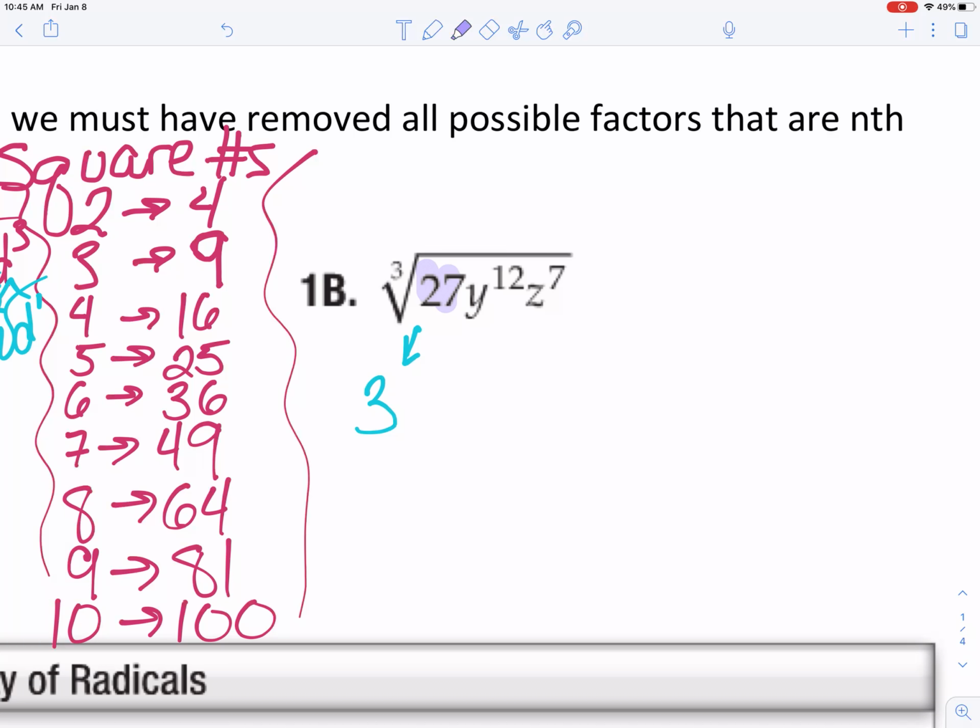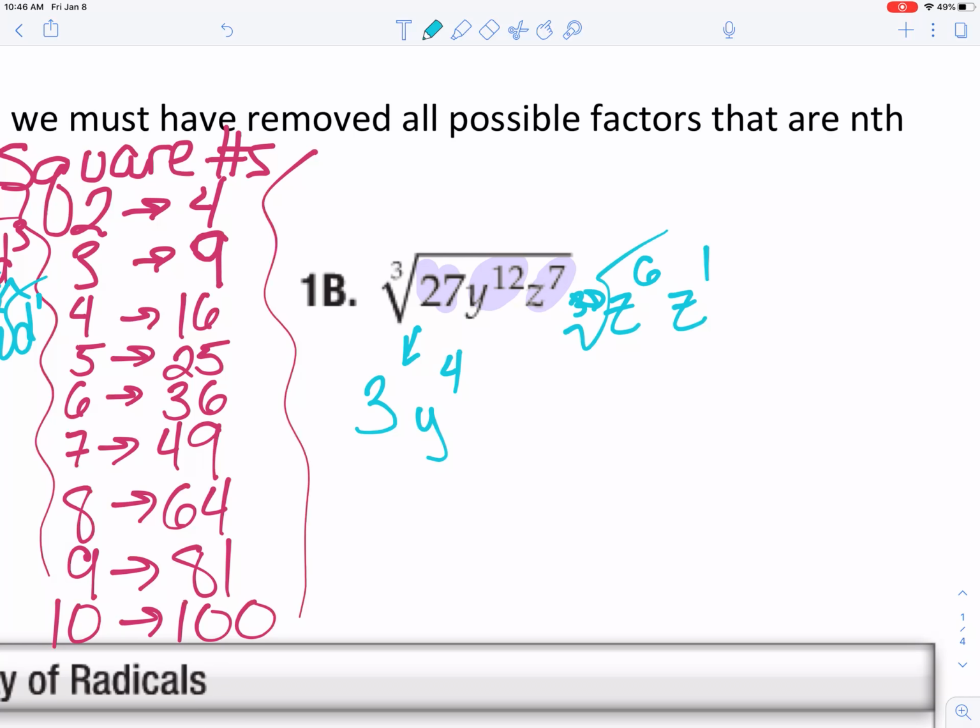Okay, so next up I'll work on the y to the 12th. And 12 evenly divides by 3, so that just gets to be a y to the 4th. Z to the 7th: 7 does not evenly divide by 3. So I'm going to split that up to the biggest number smaller than 7 that is evenly divisible by 3, which would be z to the 6th. And so that leaves me with 1 z left over.